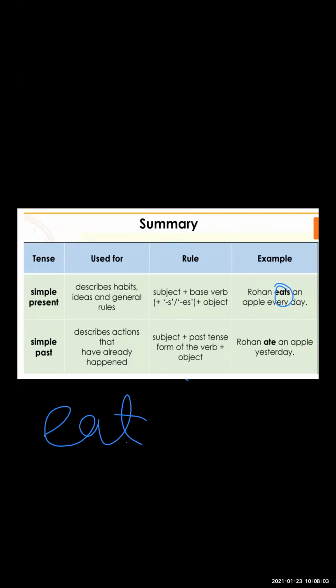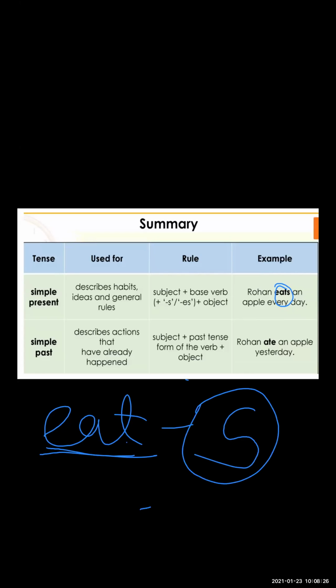Eat is a base verb. What action is Rohan doing? He is eating, so the base verb is eat. But I'm talking about a singular subject, only one Rohan, that is why I have added s. In the simple present tense you add s or es accordingly.